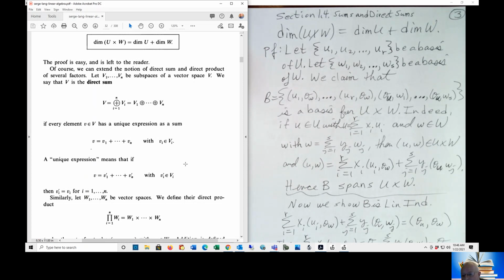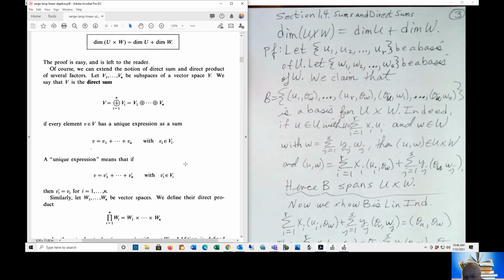Start out by labeling bases for both U and W. So let u1, u2 through u sub r be a basis for U, and let w1, w2 through w sub s be a basis for W. So again, the dimension of U is r, and the dimension of W is s.